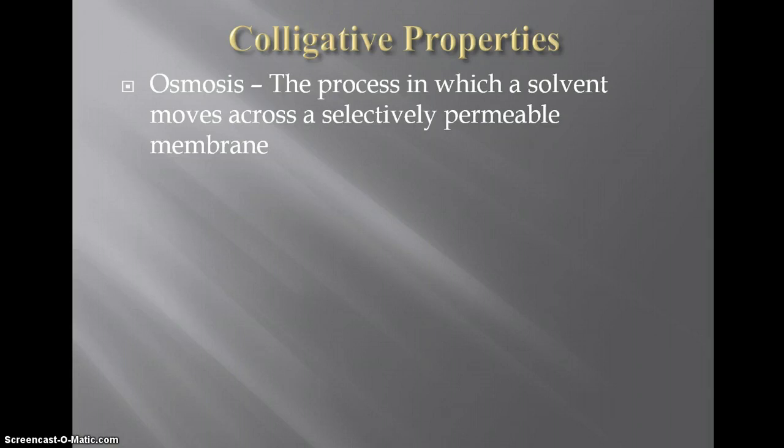And by selectively permeable membrane, we just mean something that's in between one solution and another. So you have two solutions, and they have maybe varying concentrations. In other words, you have a solute in each of those solutions, and one will typically be stronger or more concentrated than the other. And the membrane, by selectively, we mean that it will allow certain molecules through, and others not.